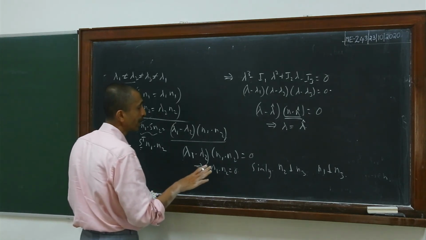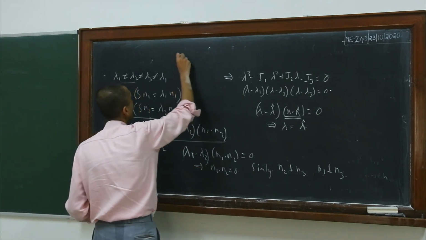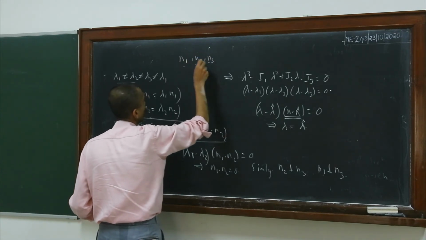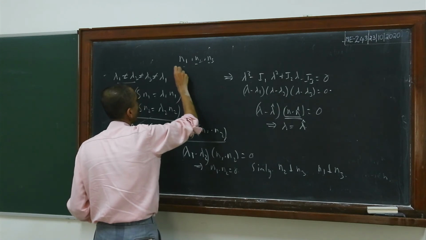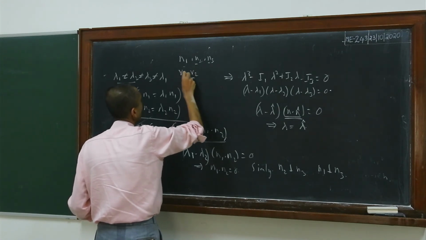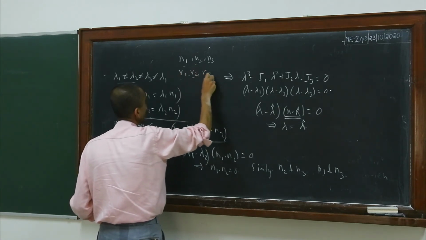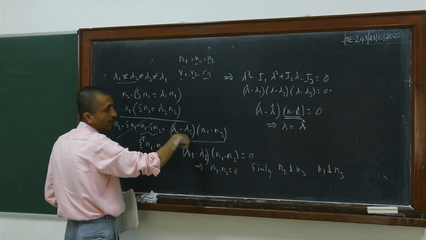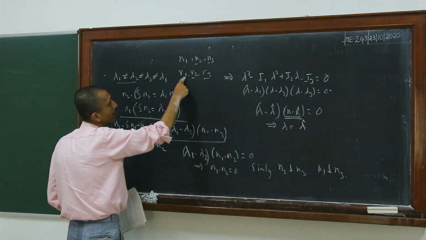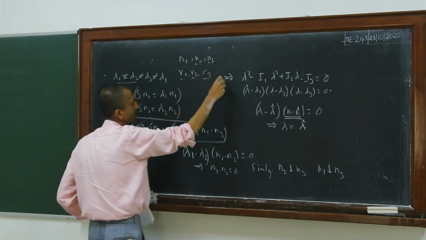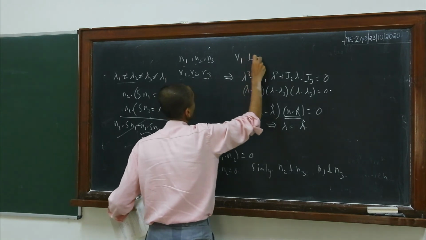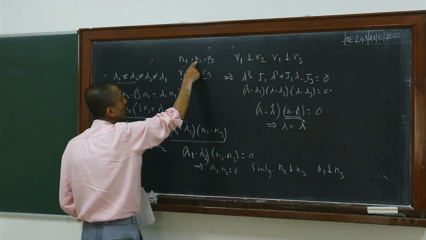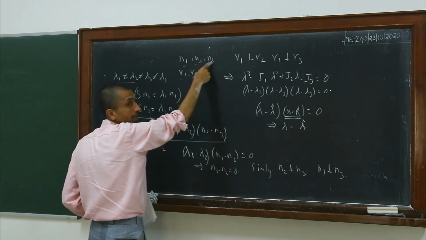To show uniqueness, suppose n1, n2, n3 is one set of eigenvectors and r1, r2, r3 is another set of eigenvectors. Then by going through the same proof, you will see that r1 has to be perpendicular to r2 and r3, right? r1 perpendicular to r2, r1 perpendicular to r3, but n2 and n3 are also eigenvectors corresponding to lambda 2 and lambda 3.